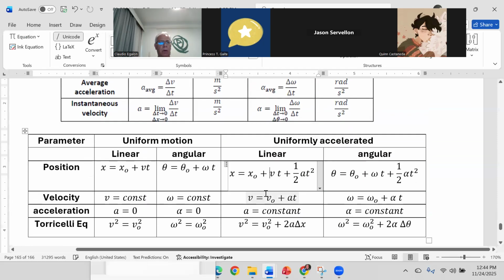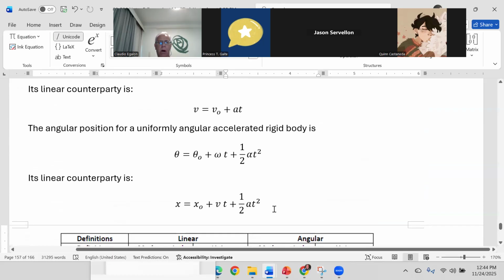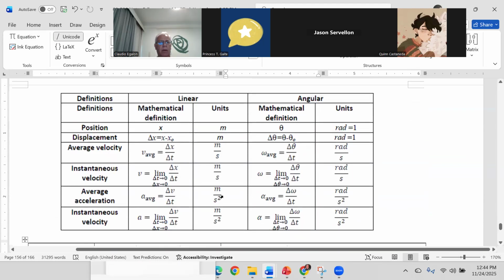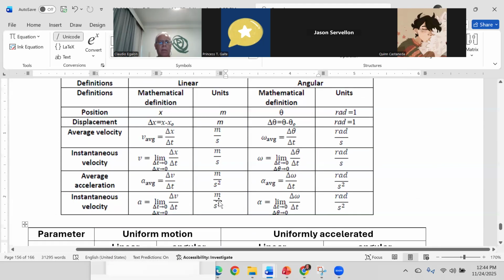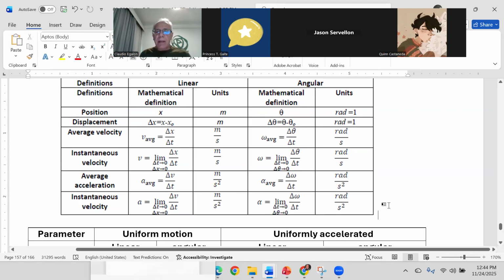Uniform motion. I need a table just like that. What we need to do now is put another row here.